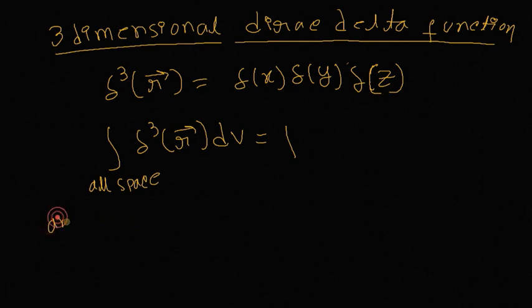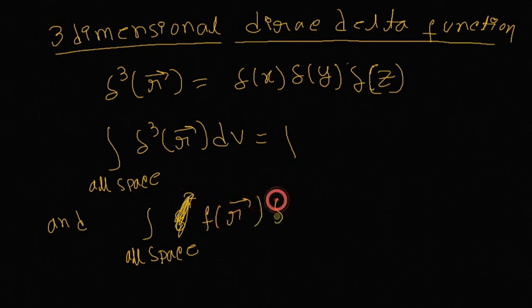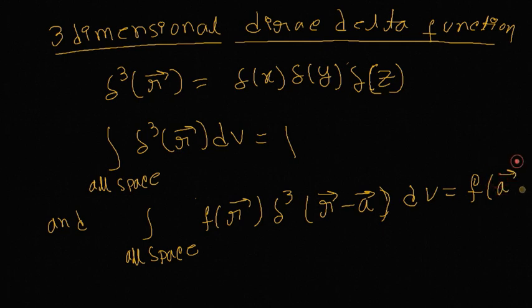And if we take integration over all space of f of r vector del cube of r vector minus a vector dv, that will be f of a vector.